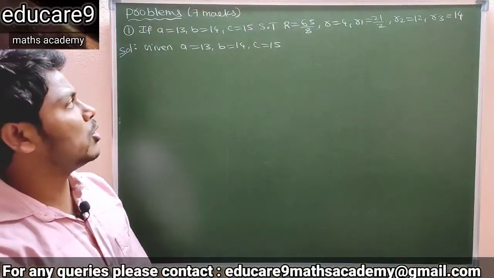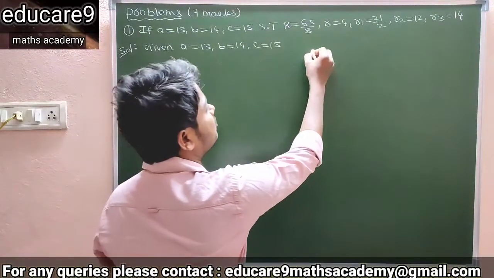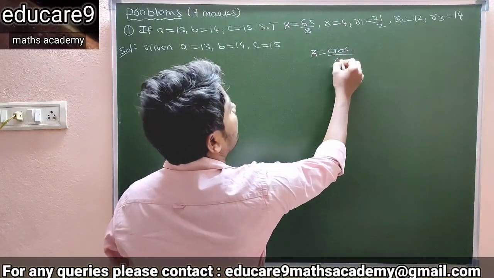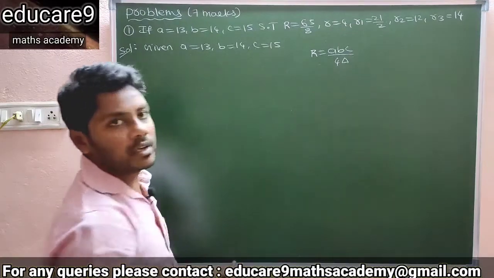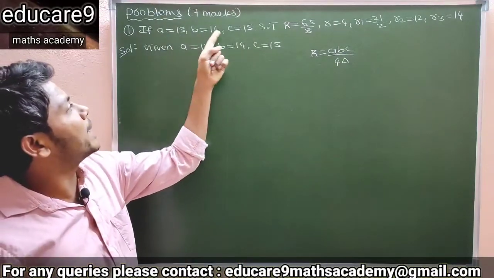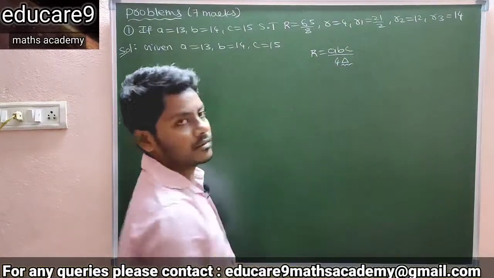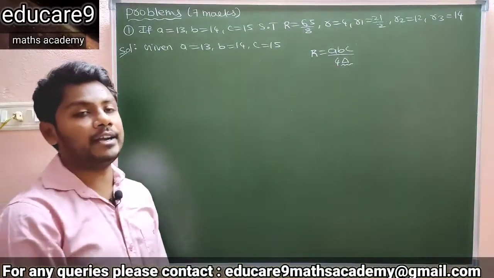Now you need to find the capital R value. What is capital R? That is abc by 4 delta. Here you know the values of a, b, c, but you don't know the value of delta. So first you need to find delta.